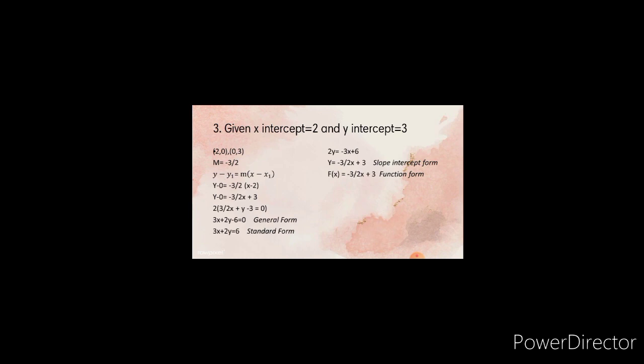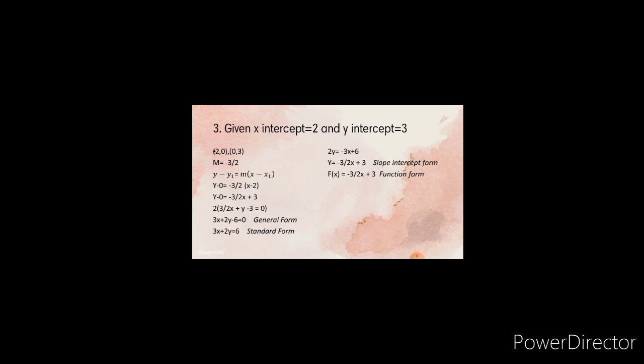There should be no fraction in the standard form or general form, so we will multiply both sides by 2. So 2 times 3 halves x plus y minus 3 equals 0. So we will have 3x plus 2y minus 6 equals 0. So that is the general form. Transpose the negative 6 to the other side. So we will have 3x plus 2y equals 6. So that is our standard form.